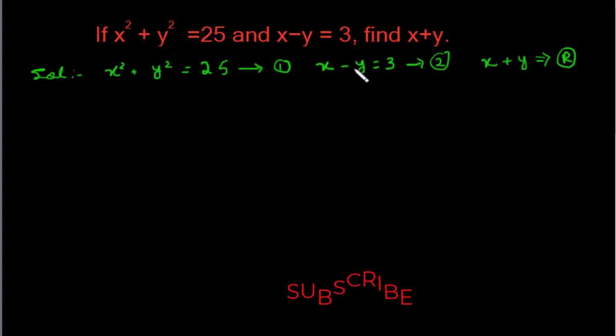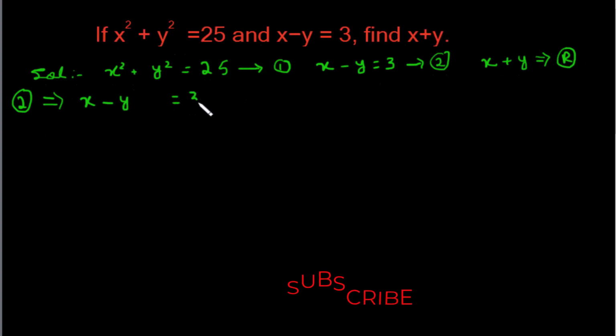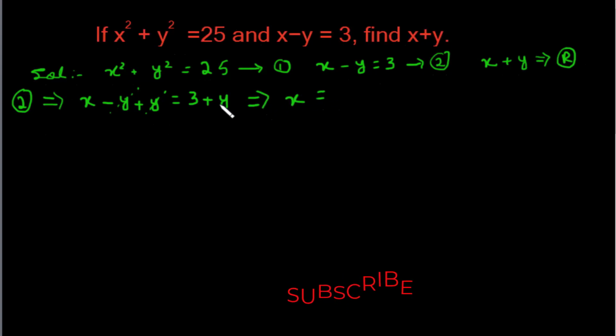Equation 2 implies that, as I am about to isolate x, I will add y to both sides of this equation, and this will cancel with this one, and we will come up with x is equal to y plus 3. Now that I have isolated x, I will substitute the x value into equation 1, the quadratic equation.